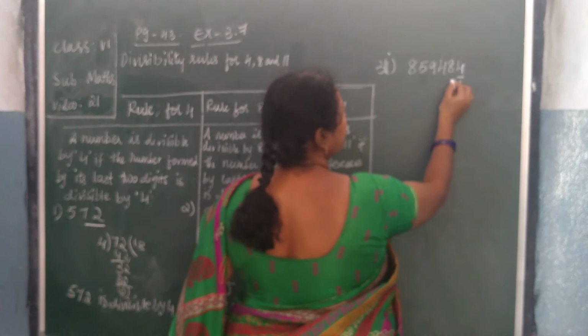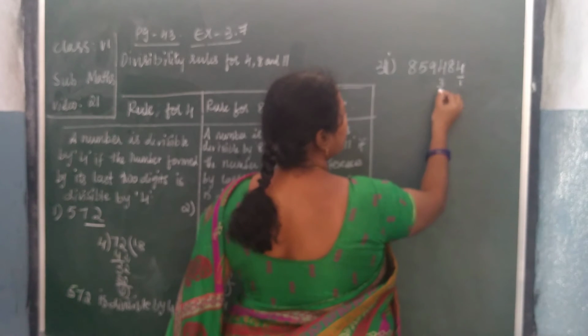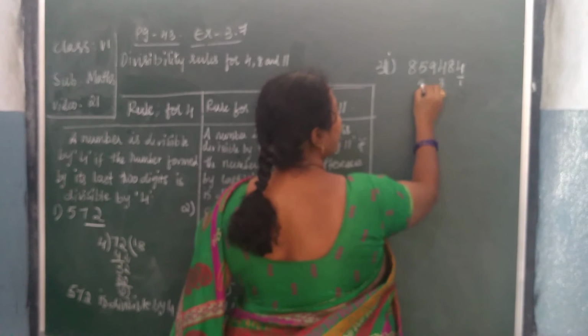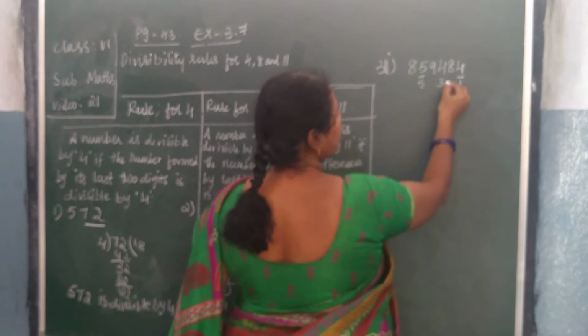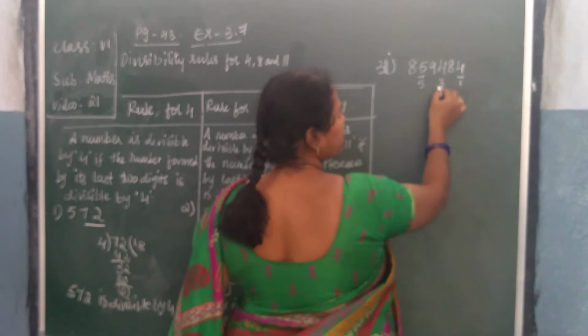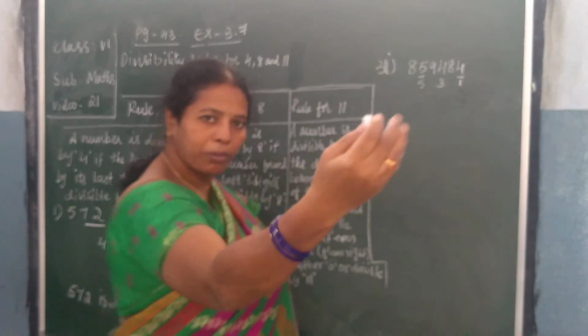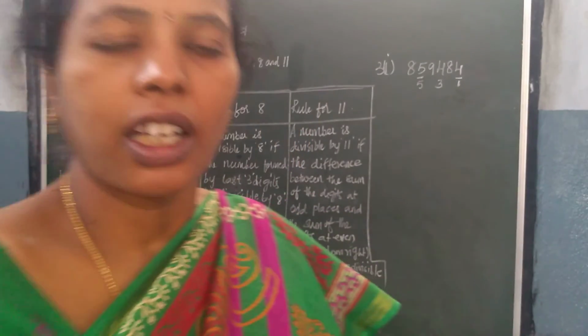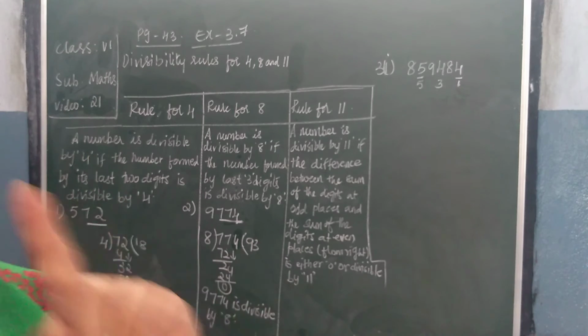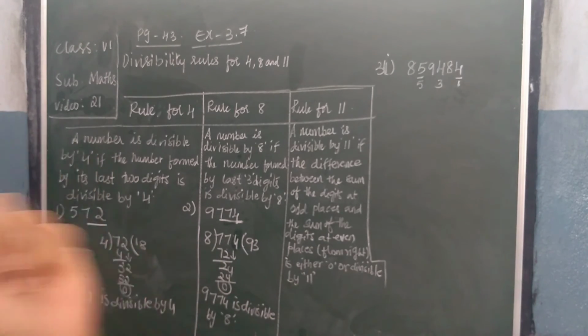1, next 3, next 5. These are odd numbers, my children. So the digits at odd places, from your right hand side you have to check: 1, 3, 5.